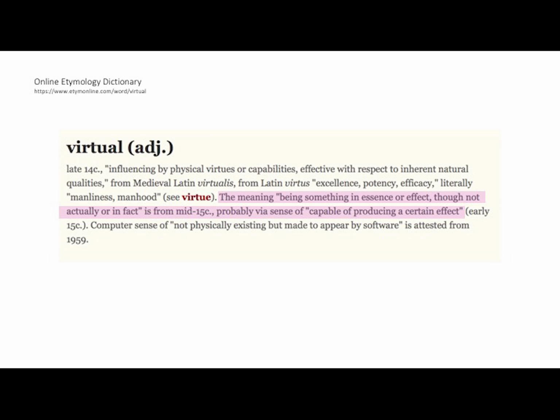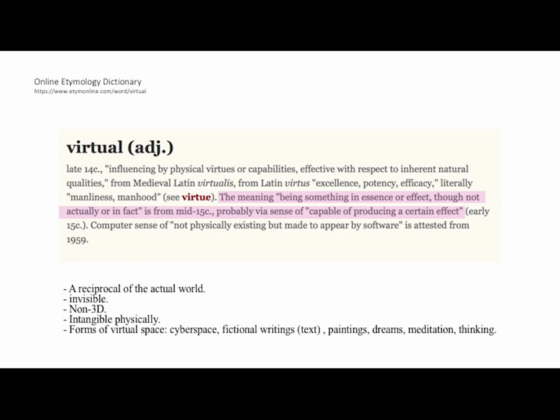According to the Online Etymology Dictionary, virtual means being something in essence or effect, though not actually or in fact, from the mid-15th century. Therefore, I propose that virtual space refers to more than just the space made to appear by the use of computer software, but also to a reciprocal of the actual world, a space that is invisible, non-3D and physically intangible.